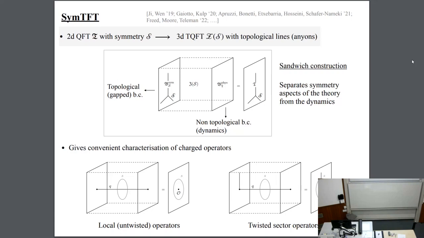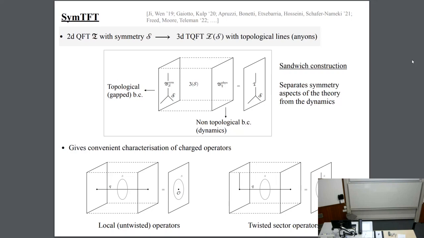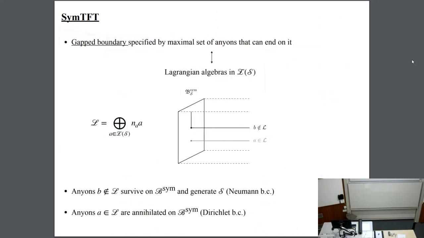So I don't know how to treat fusion categories with an infinite number of simple objects. Maybe Laksha knows better what the mathematical literature is at that point. But definitely in this case, where you can construct the Drinfeld center, the SymTFT, which has a very well-known construction, the crucial point for us is to be able to classify gapped boundary conditions.